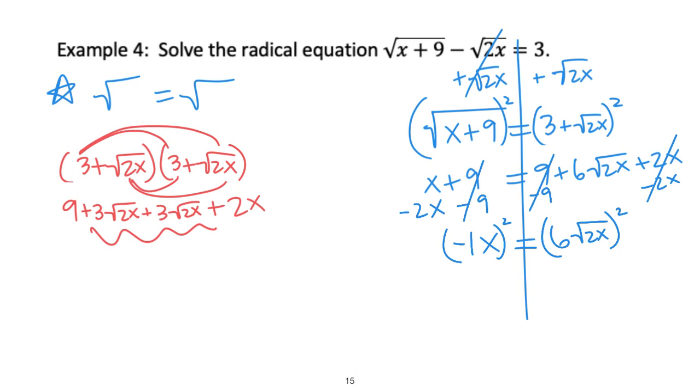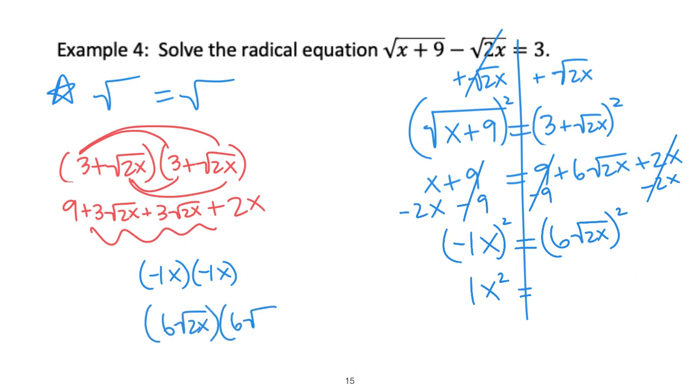On this left side, it is a negative 1x times a negative 1x, which will be a positive 1x squared. On the other side, it is a 6 square root of 2x times a 6 square root of 2x. The 6 times the 6 is 36.